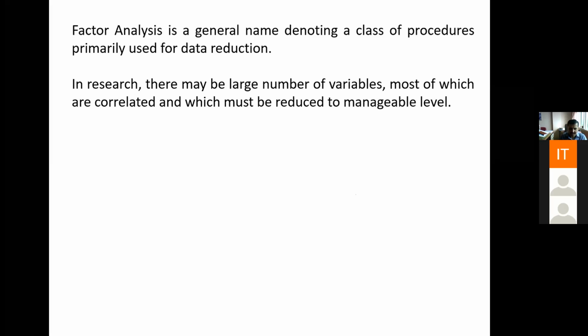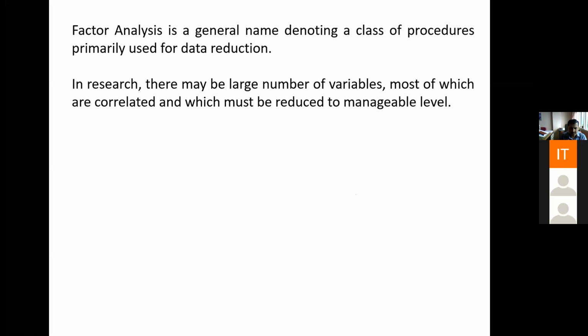It is only that if we have measured the responses on many items or statements, the items or statements of similar nature will be grouped into one factor, and then the summated scale of that factor, or the factor score, can be used to interpret the results. That is the basic idea behind factor analysis.